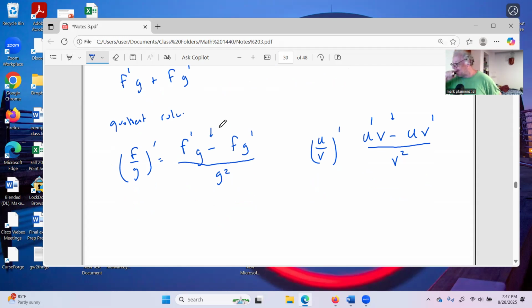A lot of times with the quotient rule, what I will do is instead of doing the quotient rule, I will say, okay, well, that's just G raised to the negative one power, and then take the product rule with F times G raised to the negative one. So that's going to be derivative of the first times the second. Okay, so it's the derivative of the first function, 1 over the second function, plus the first times the derivative of the second, but you have to apply the chain rule.